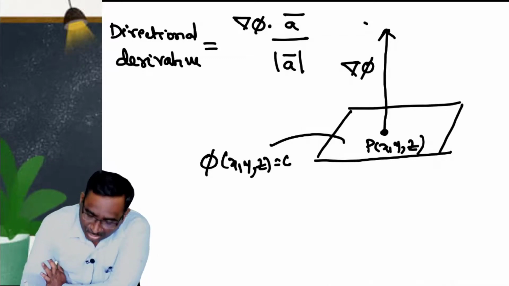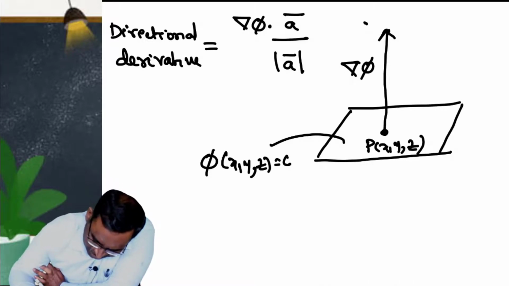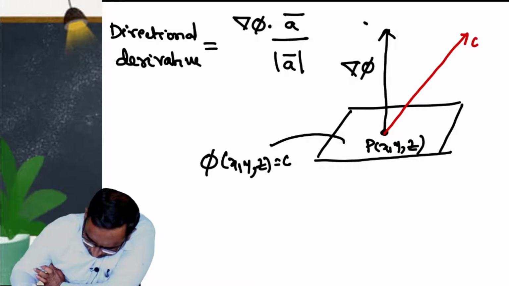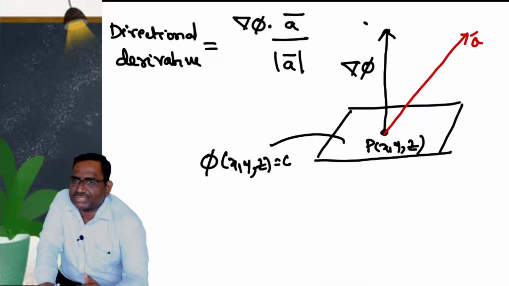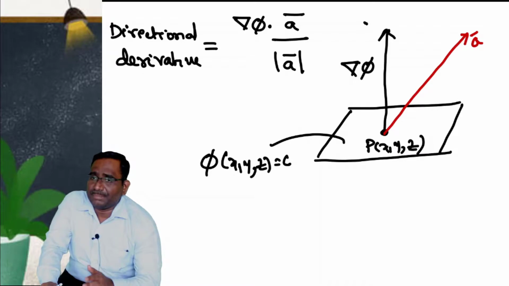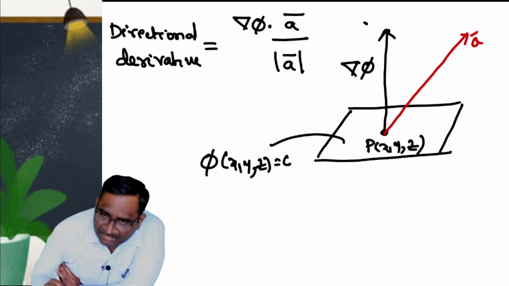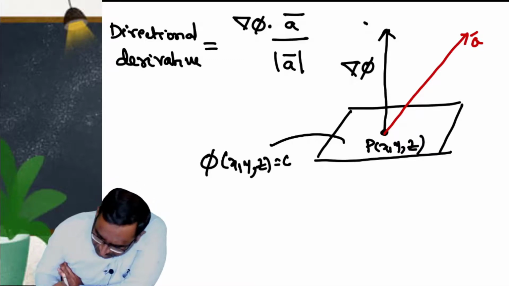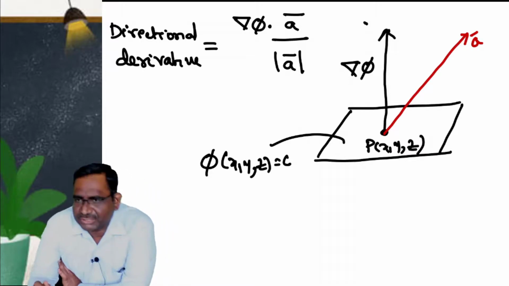Now, what is the directional derivative? This is a vector A bar, in this direction, at this particular point P. What is the directional derivative of this level surface in that particular direction?